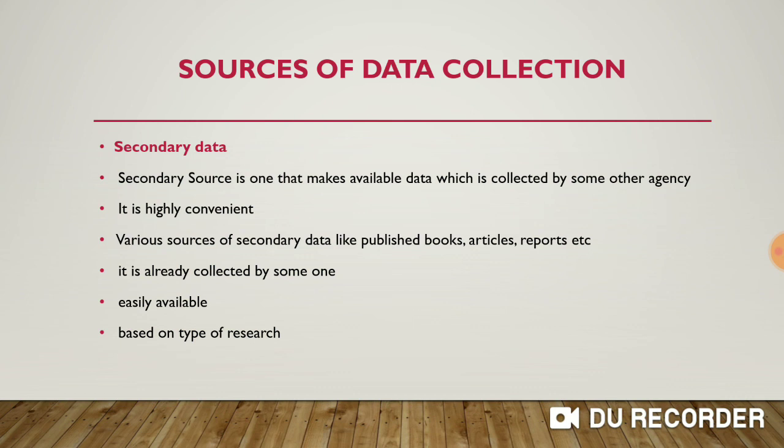It is easily available to the researcher, and secondary data is also based on the type of research the researcher is going to perform. As per the nature of the research problem, the researcher is required to select the methods of data collection. It may be either secondary or primary data.